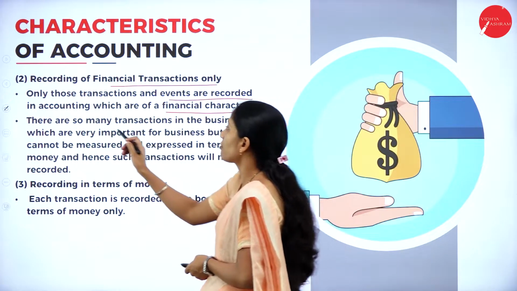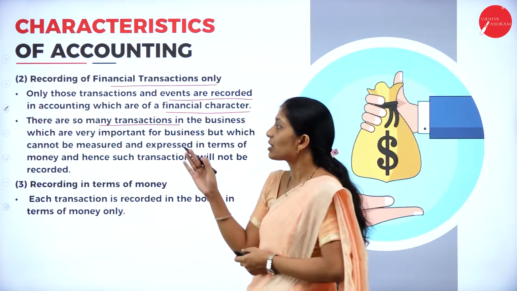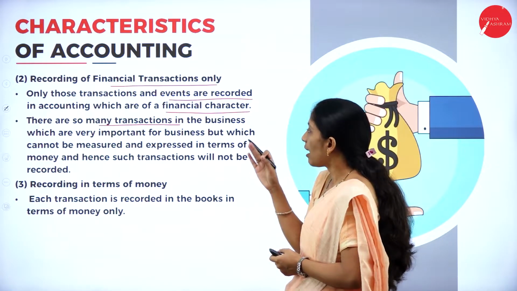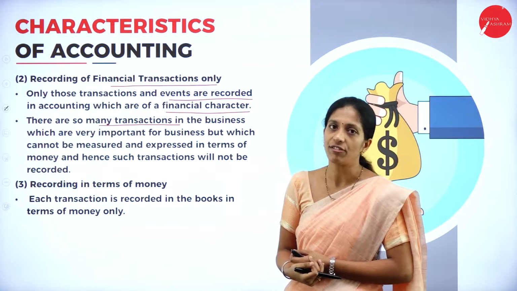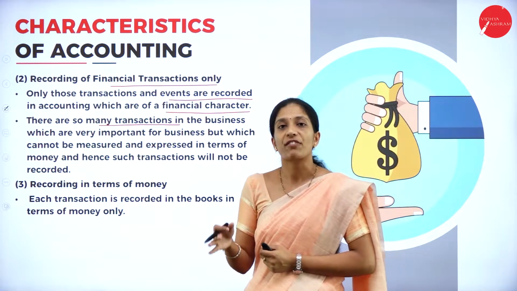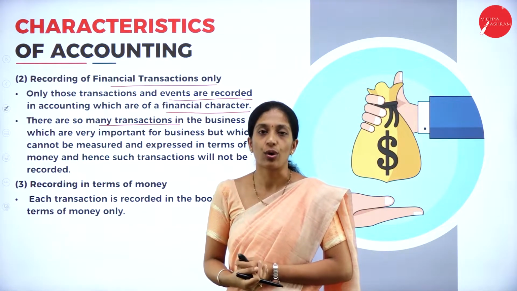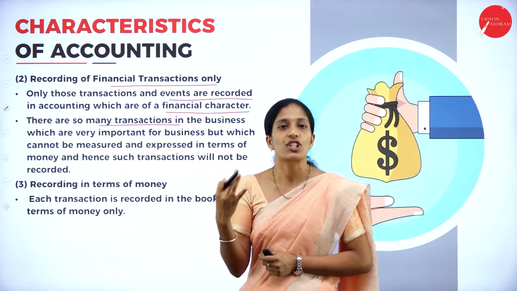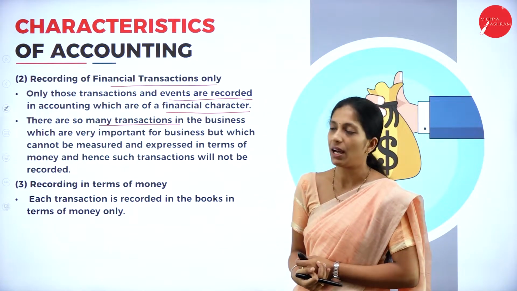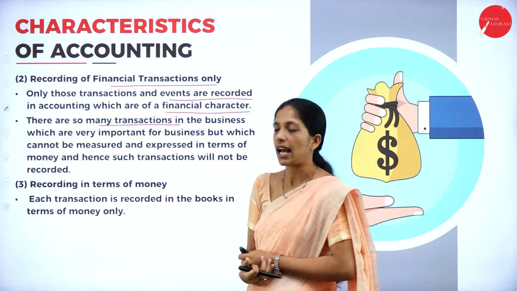There are so many transactions in the business which are very important for the business but cannot be measured and expressed in terms of money. Such transactions are totally ignored. We are not going to record transactions which cannot be measured in terms of money. So this is the second characteristic.